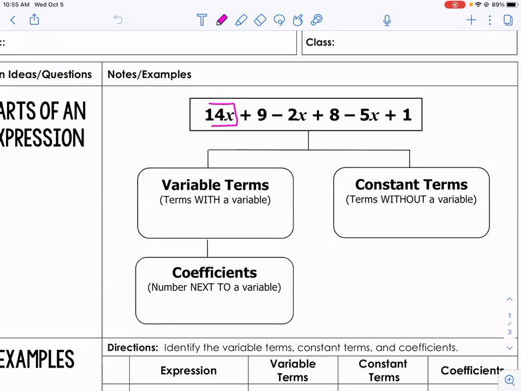When I do this, I do need to include the sign in front of it, whether there's addition or subtraction. Our variable terms are 14x, minus 2x, and minus 5x. Those are our variable terms.